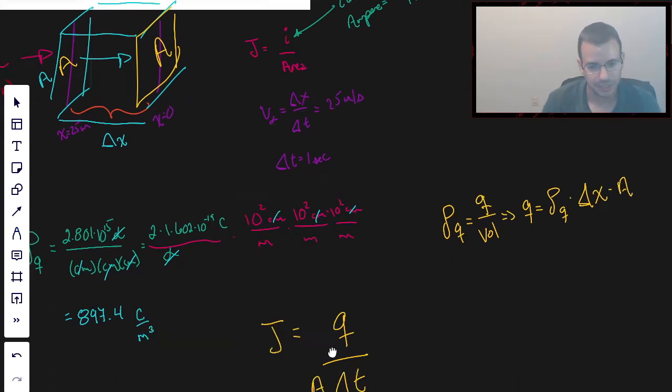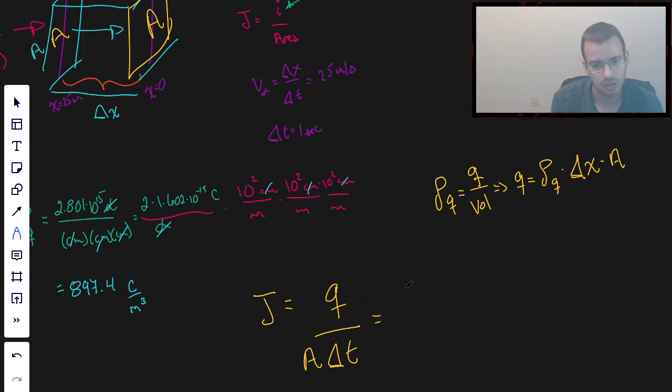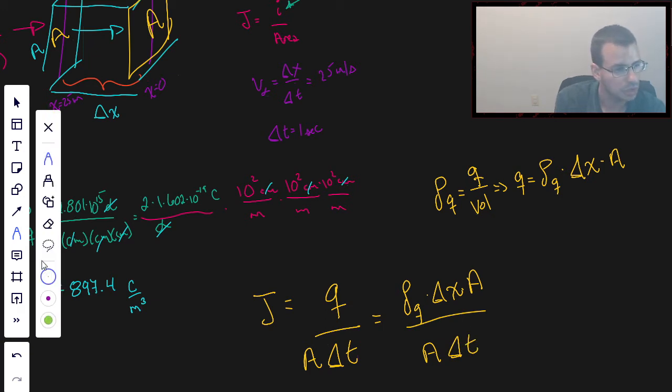And so when I plug this in down here, the charge that passes through our plane for a given amount of time is going to be charge density times delta X times A, which is Q, over A delta T. Long story short, the A's cancel, and dx dt is the same as velocity.